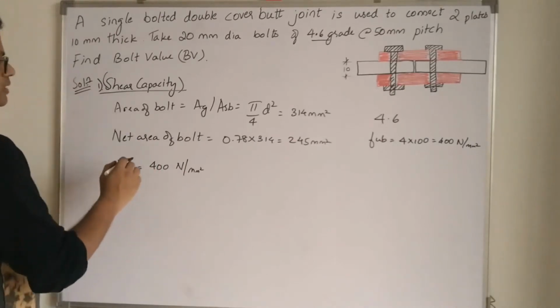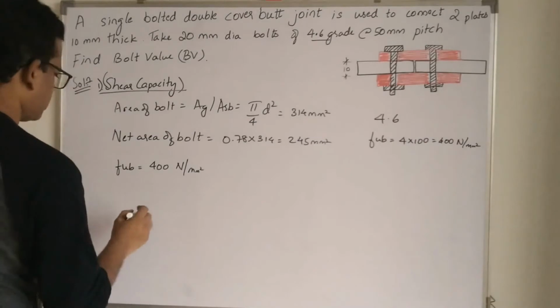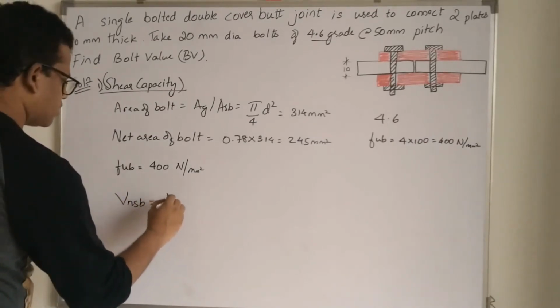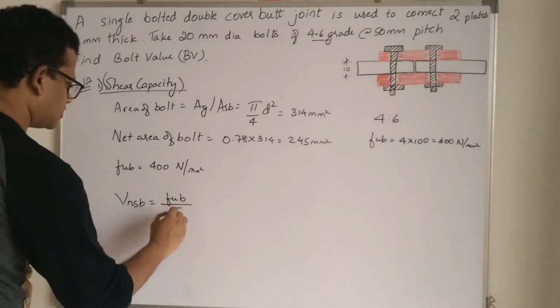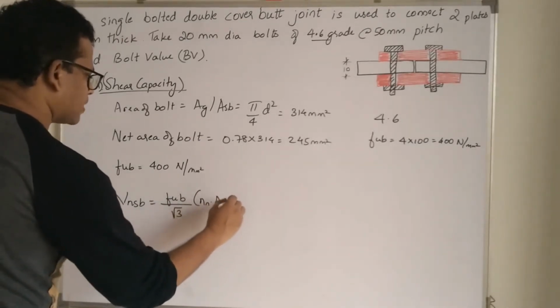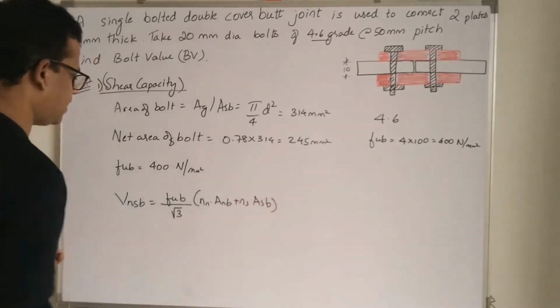Now we can directly use the formula. VNSB is equal to FUB upon root 3 into NN into ANB plus NS into ASB.